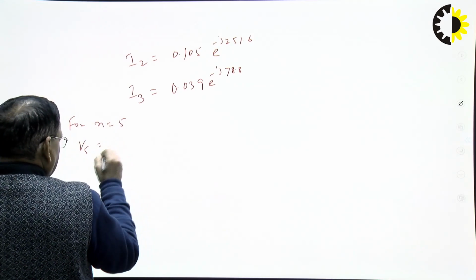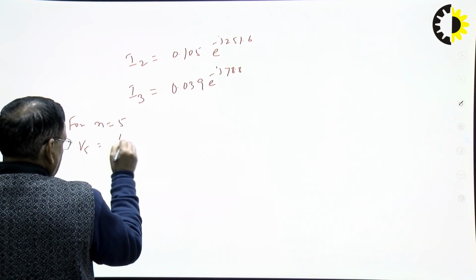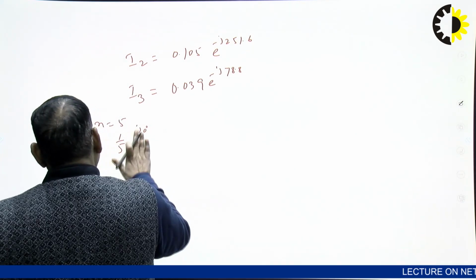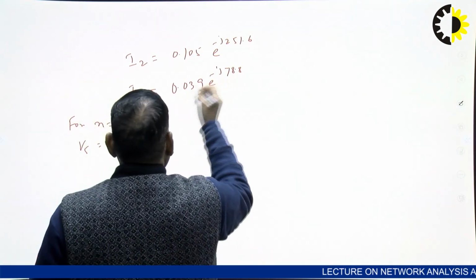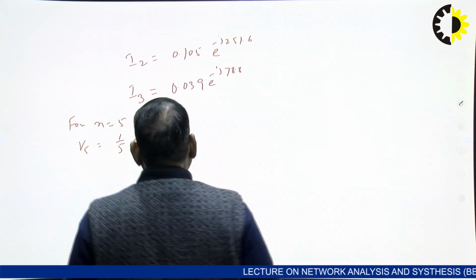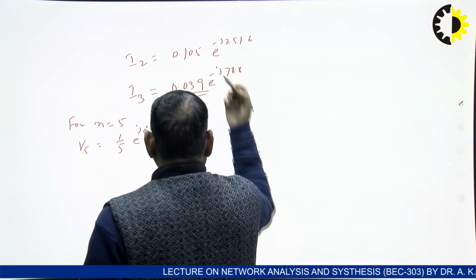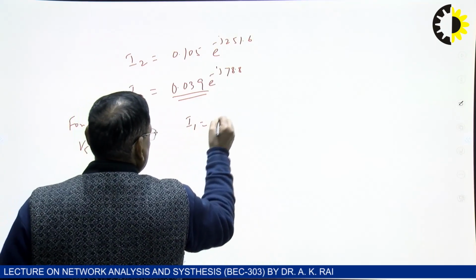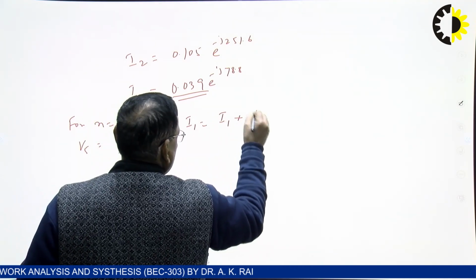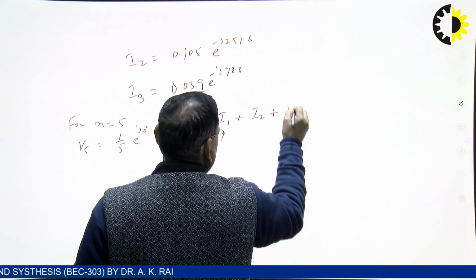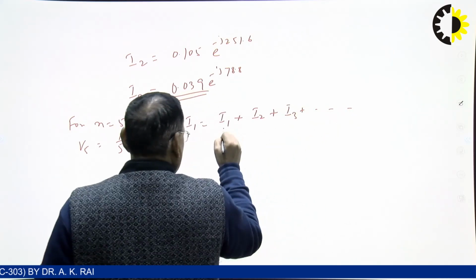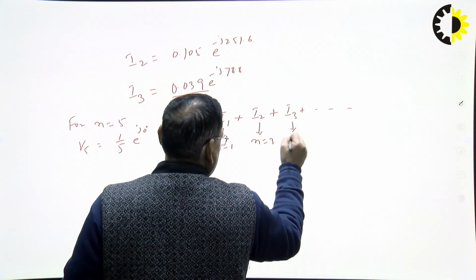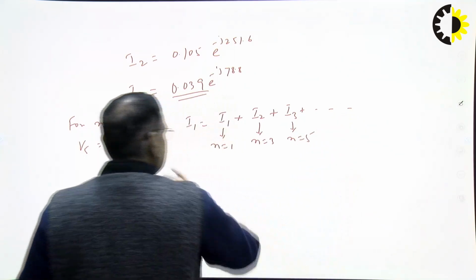It is 1 by 5 and e to the power j0 degree. So multiply the 1 by 5 with 1 by root 26 and we get this value. So I is equal to the three components I1 plus I2 plus I3: this is for n is equal to 1, this is n is equal to 3, and this is for n is equal to 5. So this is the current.